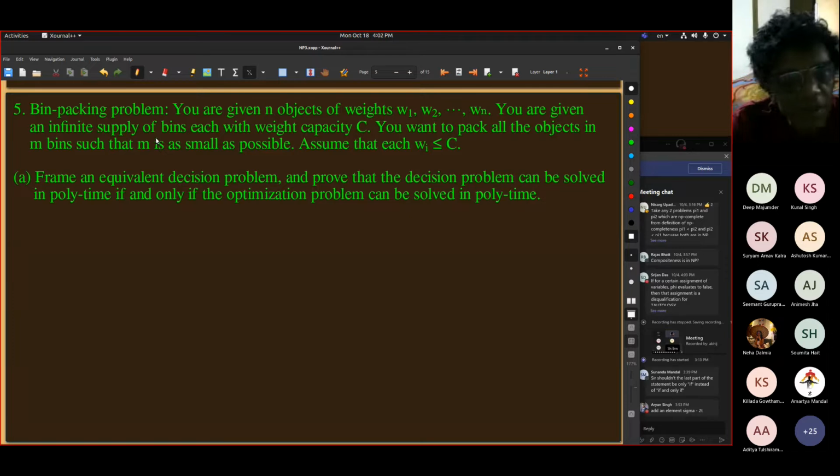Okay. So what this first part shows is that we should frame an equivalent decision problem, but equivalent means in this context this: the decision problem can be solved in polynomial time if and only if this original optimization problem can be solved in polynomial time.